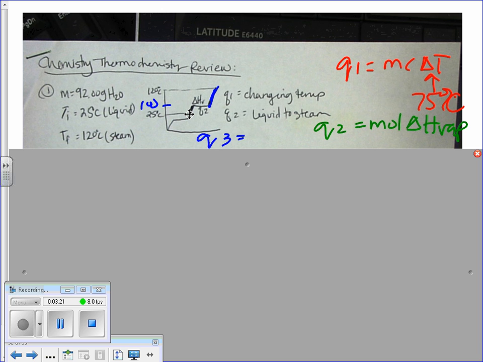And this c value is like 2.05 because it's the specific heat of gas. Our steam is 2.05 joules per gram degree C. Temperature change here is 20 degrees C. That's not a negative sign, that's just a dash. I'm just going to walk through the methodology here, and as long as you have your methodology right, we're in good shape. I know I had to go over number 3 and number 5. Basically, if you have 3 different Qs here, once you get done, you need to add them up. Just make sure they're all in joules or all in kilojoules, whichever you like better.